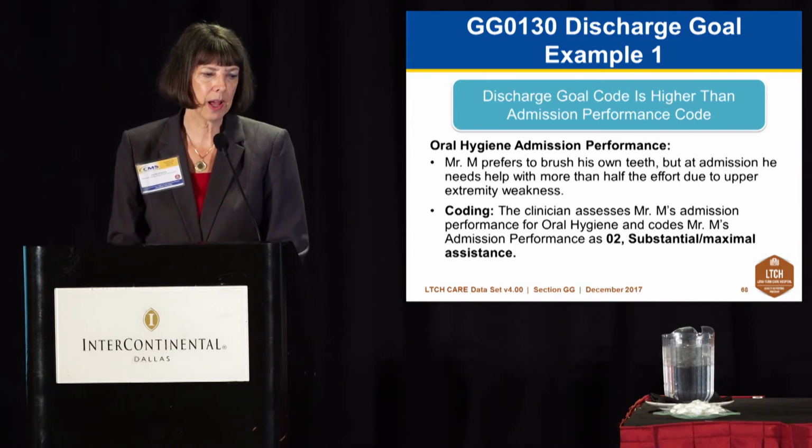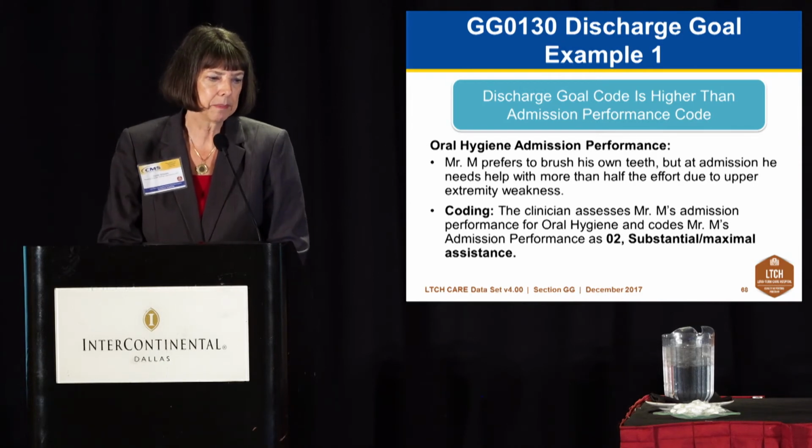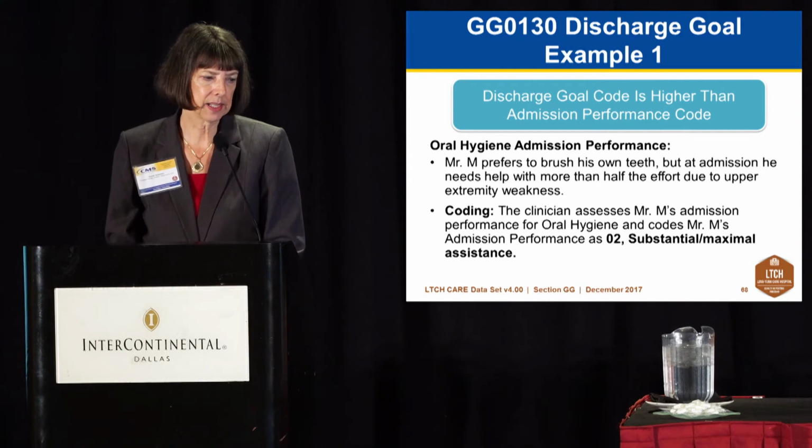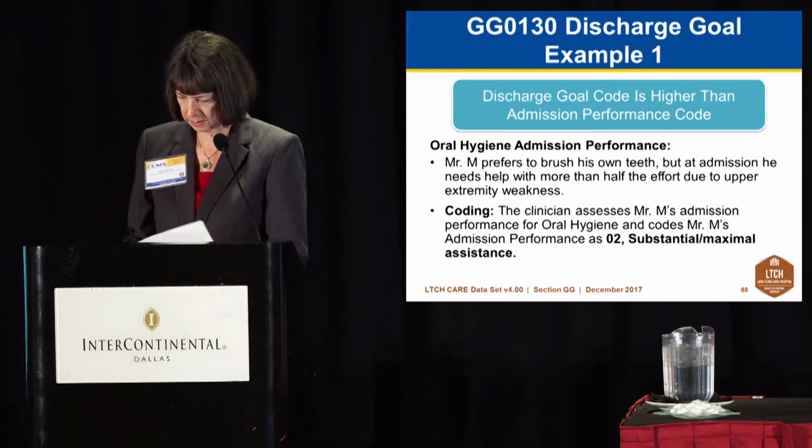So in this case, oral hygiene admission performance, the example is Mr. M prefers to brush his own teeth, but at admission he needs help with more than half the effort due to the upper extremity weakness that he's experiencing. And then for coding, the clinician assesses Mr. M's admission performance for oral hygiene and codes it as 02, substantial/maximal assistance.